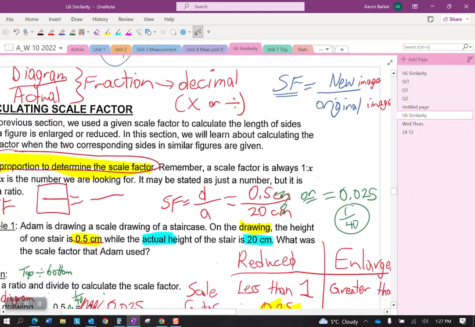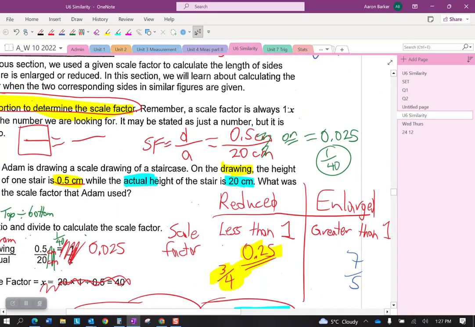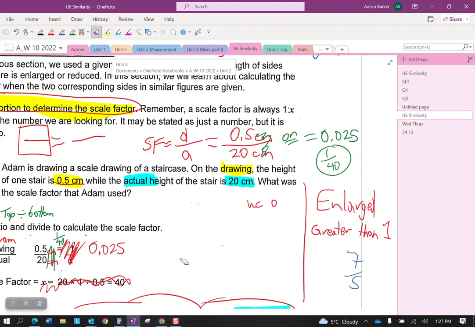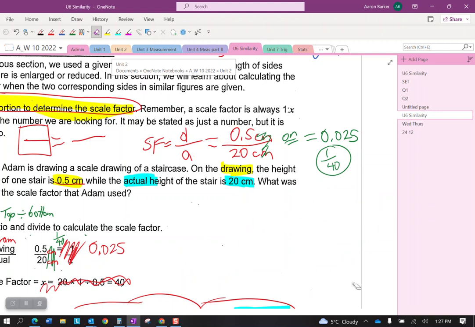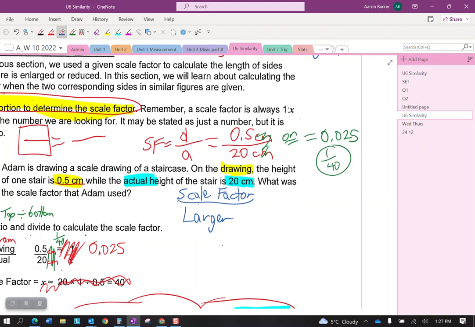Now, I'm going to change this here. I don't like the way this is organized. You have enlargements and reductions. For your scale factor, if it is larger than 1, that means you have an enlargement, because when you multiply, all your numbers get bigger going from your diagram to your actual.